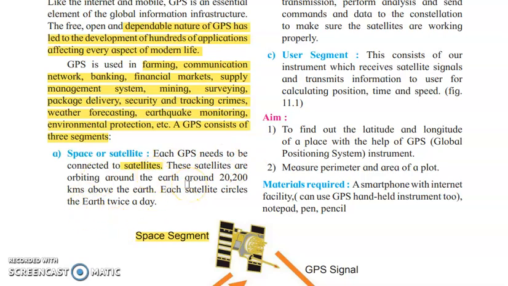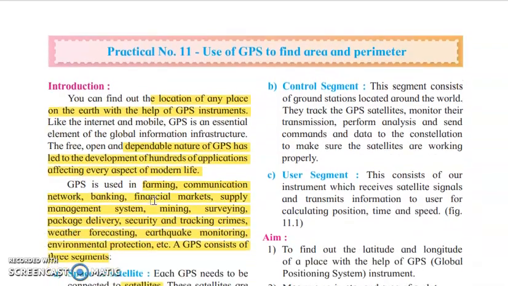They keep on revolving above the Earth, situated 20,200 kilometers above it. Each satellite circles the earth twice a day. So in one day it circulates the earth twice. This is about the satellite.